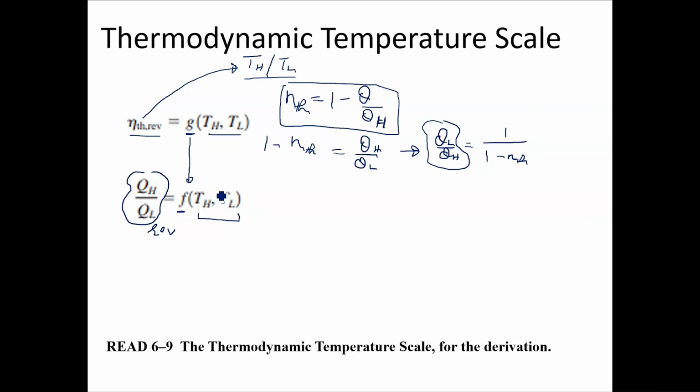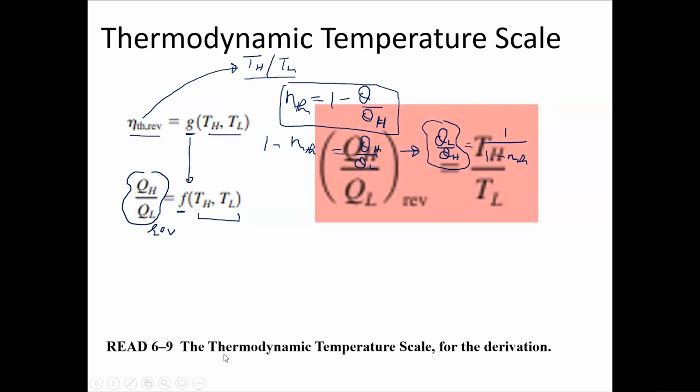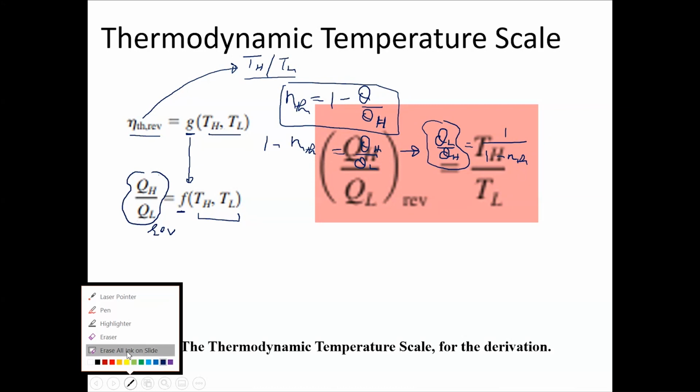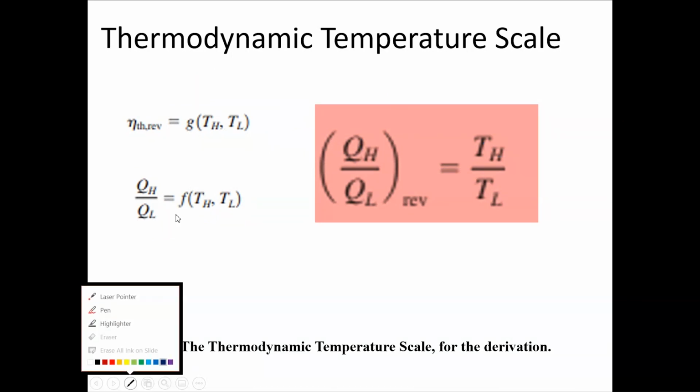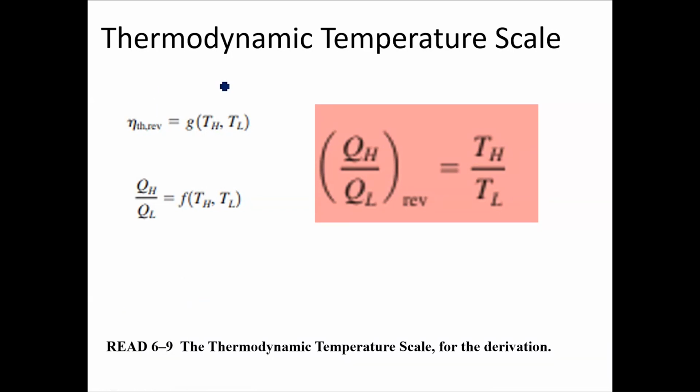I'll not go into the detail of that. The simplest function that has been developed for QH over QL for a reversible heat engine is a function of the temperatures of the two reservoirs.